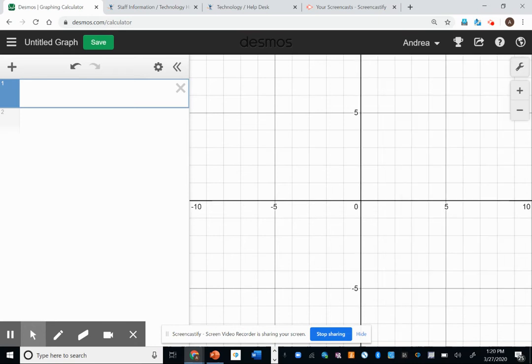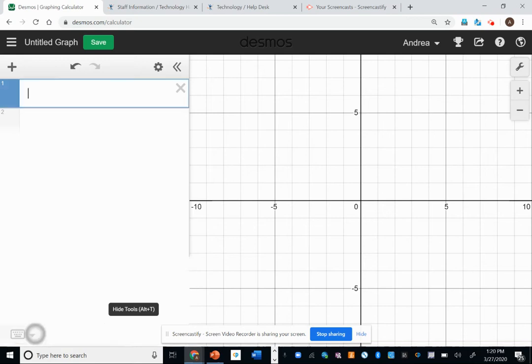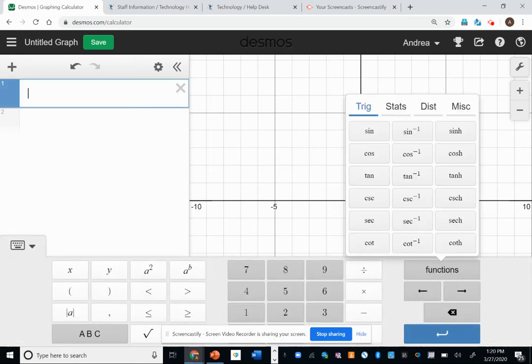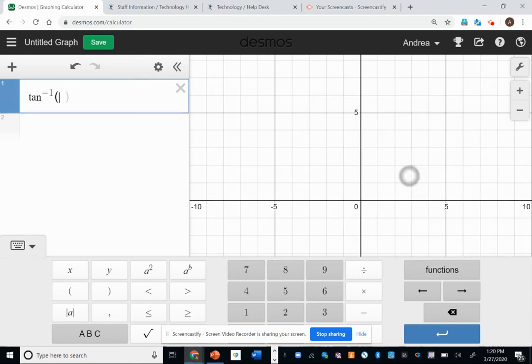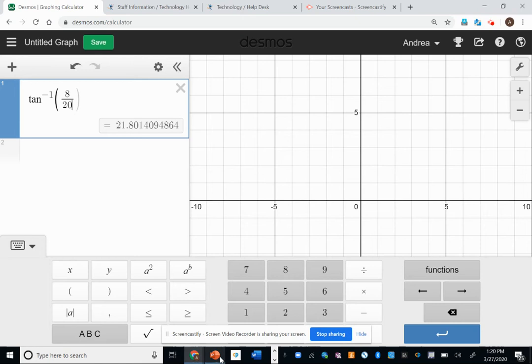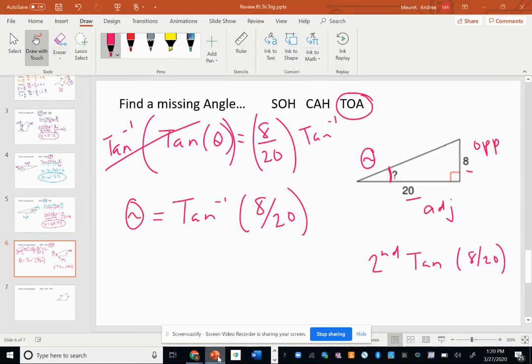To find inverse tangent, it's in this menu under functions, and you can see sine, cosine, tangent, and next to each one is the inverse. So we need the inverse tangent, and I'll type in 8 divided by 20, and it says about 21.8. So that tells me that angle theta is about 21.8 degrees.